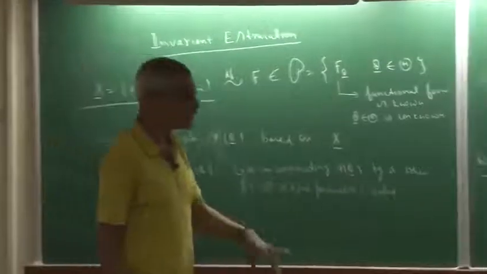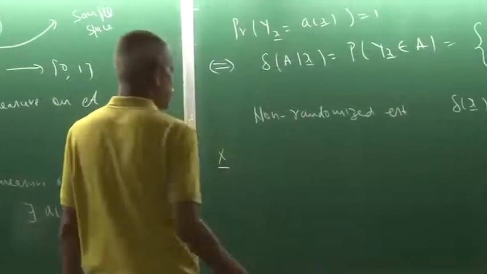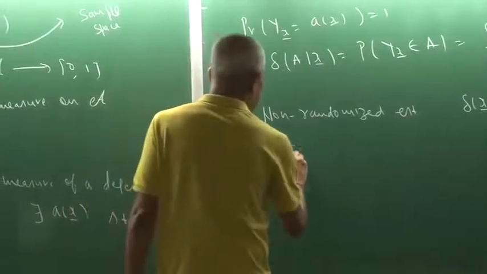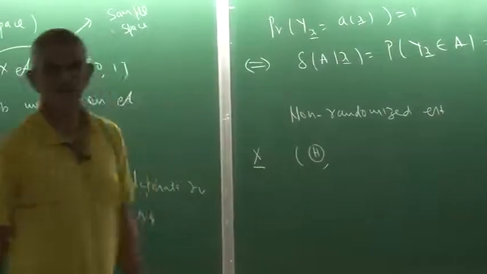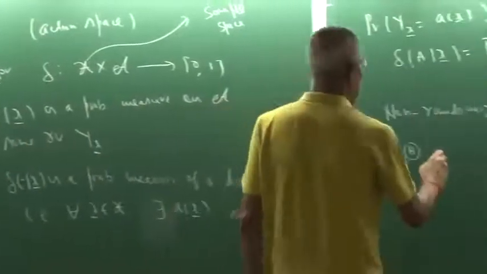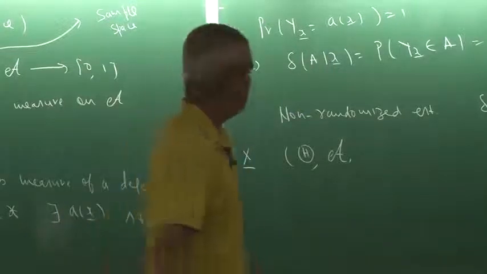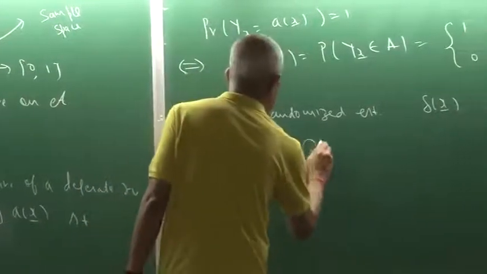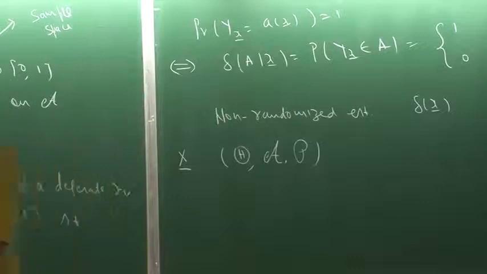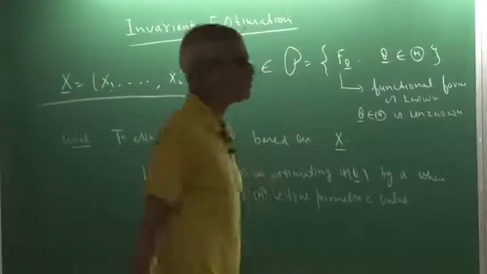A random vector X, which has a distribution F theta, where theta is in capital Theta. Corresponding to that, I have an action space A, and then I have P, which is the class of all distributions.